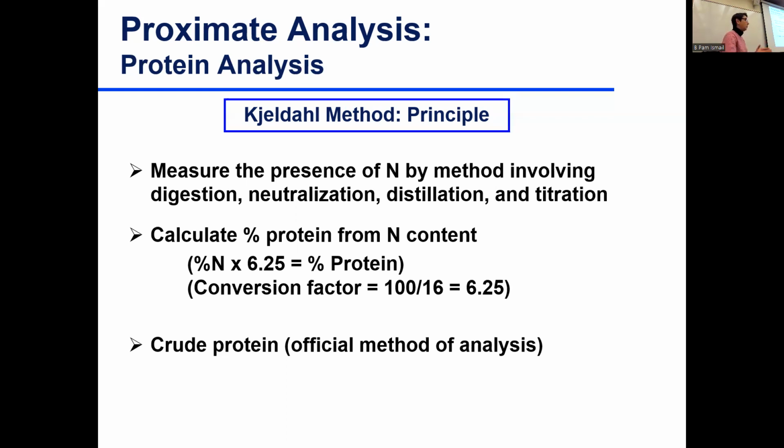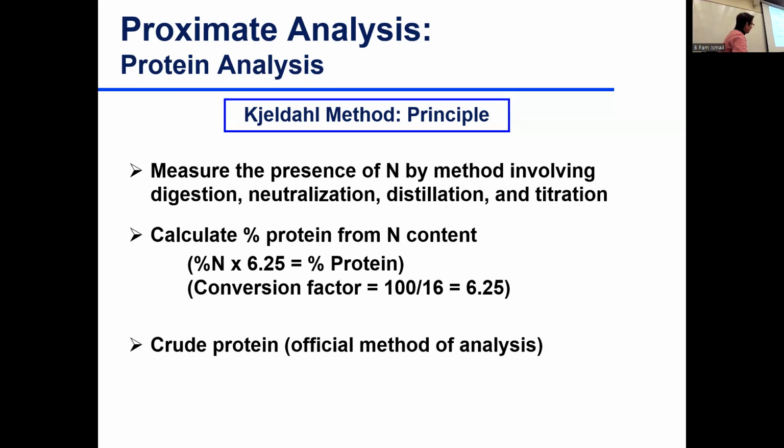And that's because we have different percent nitrogen in different proteins, mainly due to the basic amino acids that differ among the proteins. Okay, so that's one thing I want you to remember: utilizing the nitrogen content, we need a conversion factor to get to the percent protein.